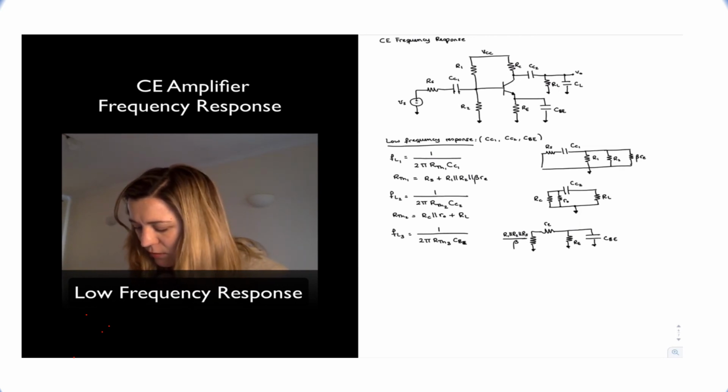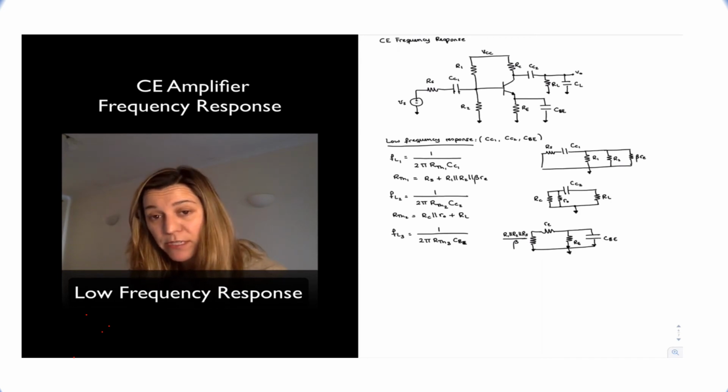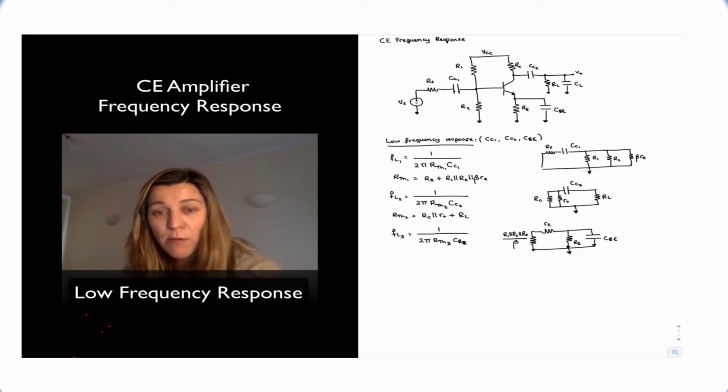And those are all connected to ground, so I'm going to join them all together so it's easier to see. So I have capital RE in parallel with the series combination of little re and this overall resistor. Now, how did I come up with that resistor? Well, I need to divide the resistance from the emitter towards the base by a factor of beta.